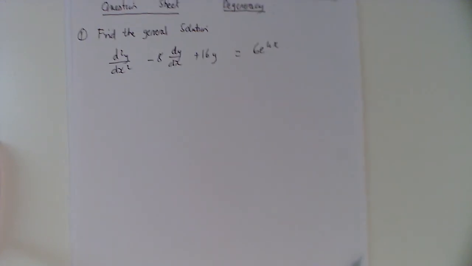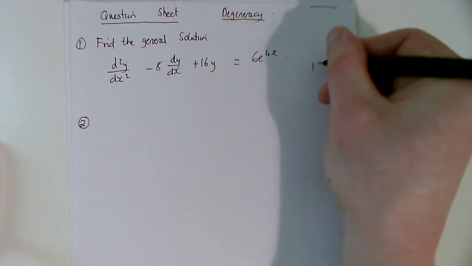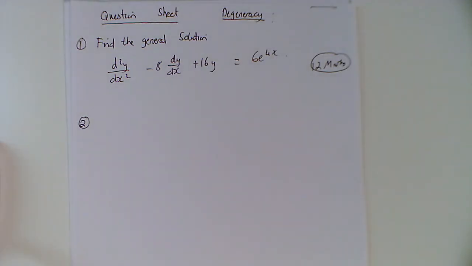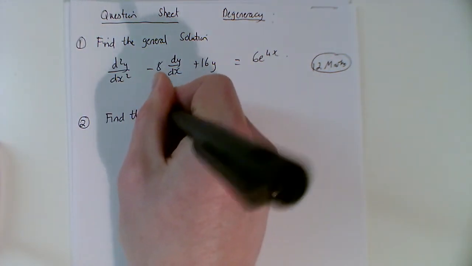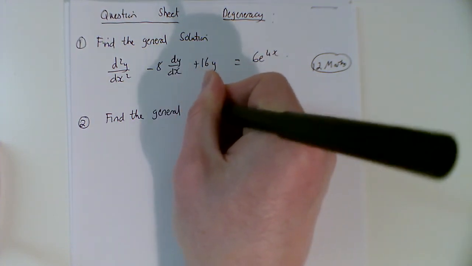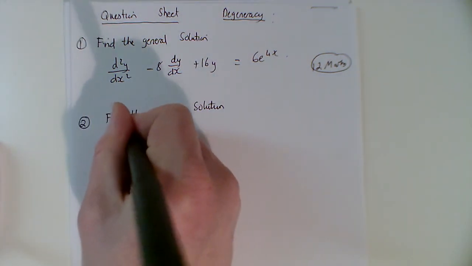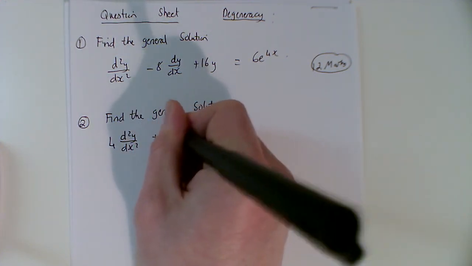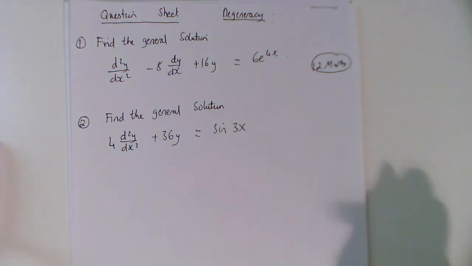Right, and what I would also like you to do is, and this is a lot more difficult, so that one there I would say is worth 12 marks. I want you to find the general solution to 4 d squared y by dx squared plus 36y equals sine 3x.